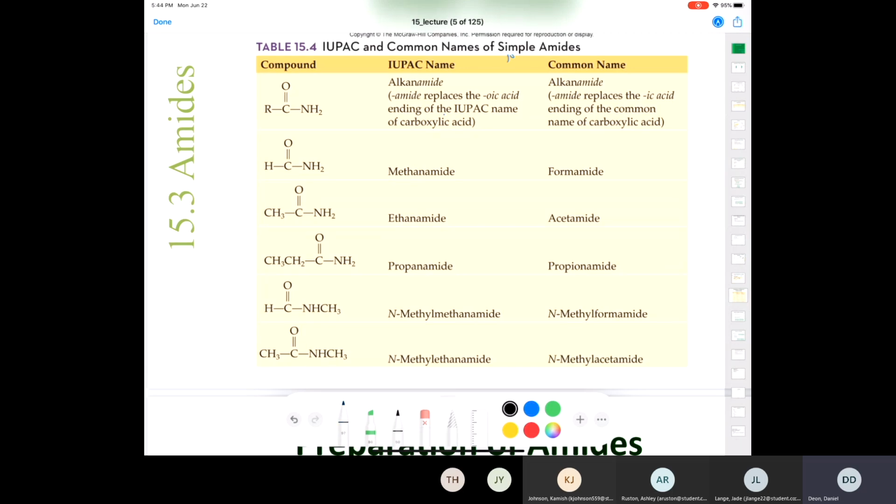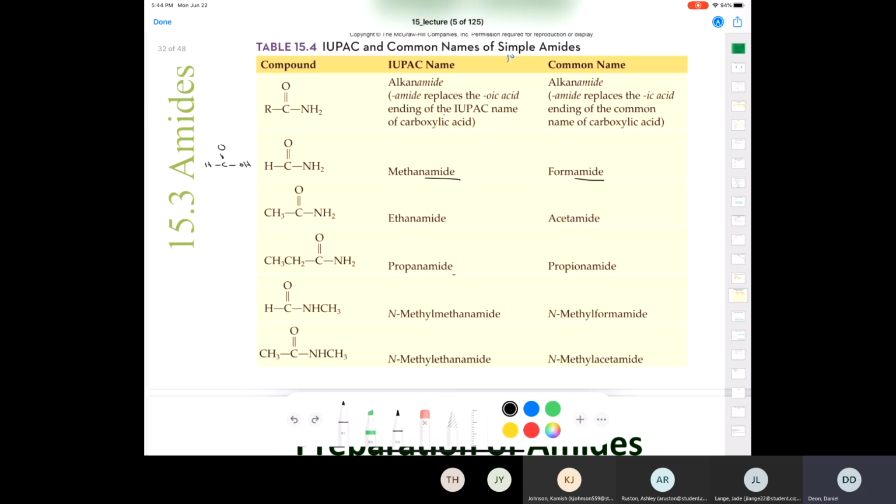If we were to write out the carboxylic acid, the IUPAC name would be methanoic acid. Look, methanamide. The common name would be formic acid. Look, formamide. Okay? Ethanoic acid makes ethanamide and acetamide. What else? Propanoic acid, propanamide. Propionic acid, propionamide, right?